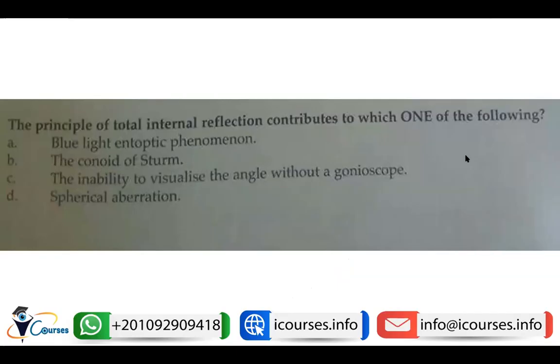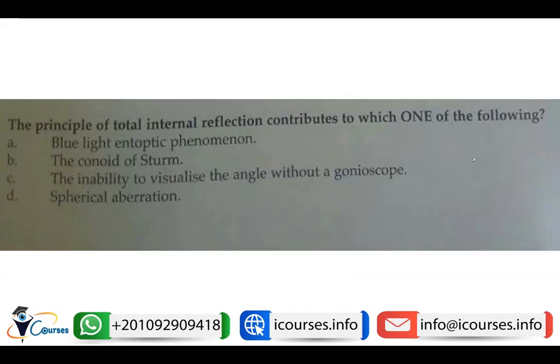Again, a question about total internal reflection. As you can see, again, this is one of the preferred topics in the exam. Exactly.